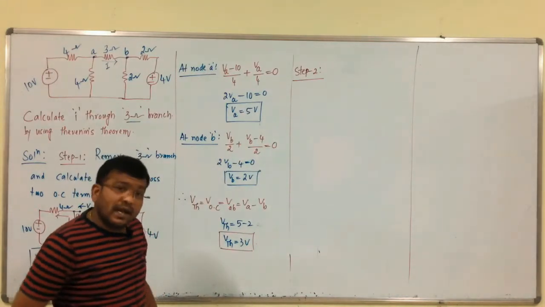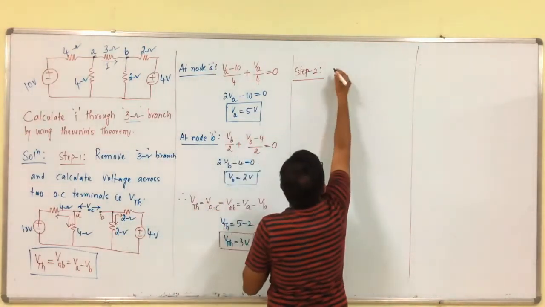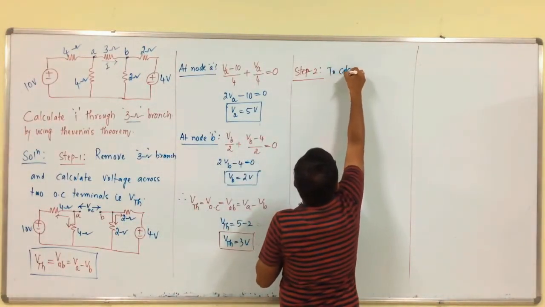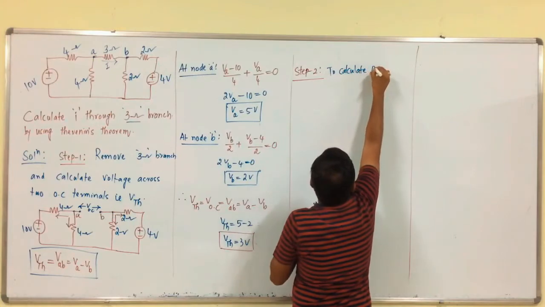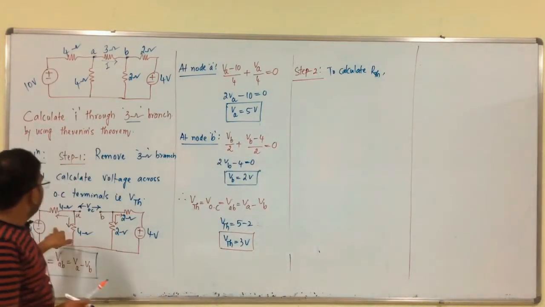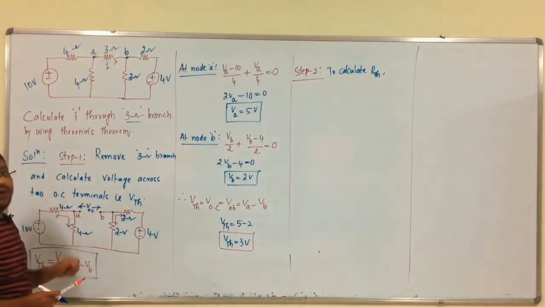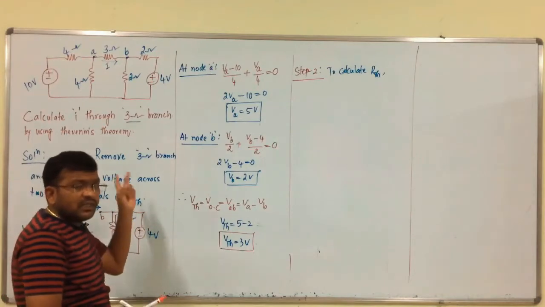Step 2. What is step 2? We have to calculate the RTH. What is to calculate RTH? We have to replace these voltage sources. We have only 2 voltage sources in the circuit.